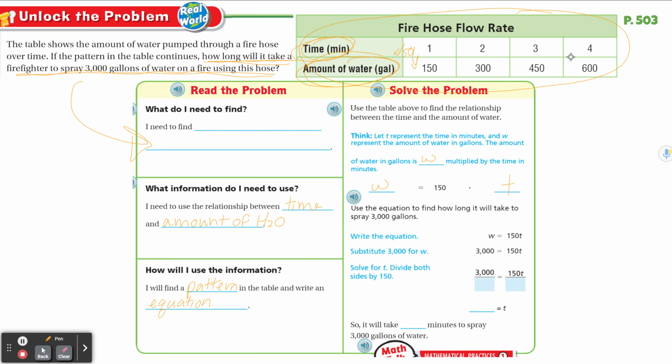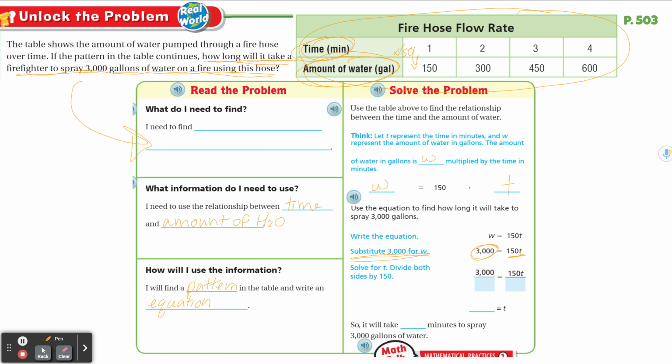So now we're going to use this equation to figure out what it would be for 3,000. So we want to have a total amount of water of 3,000. So we're going to put that in for our W. Substitute 3,000 for W. And now it's just solving an equation. We've done this in chapter 8, where we want to get that variable by itself. So if I'm timesing 150 by t, to get t by itself, I want to do the opposite.